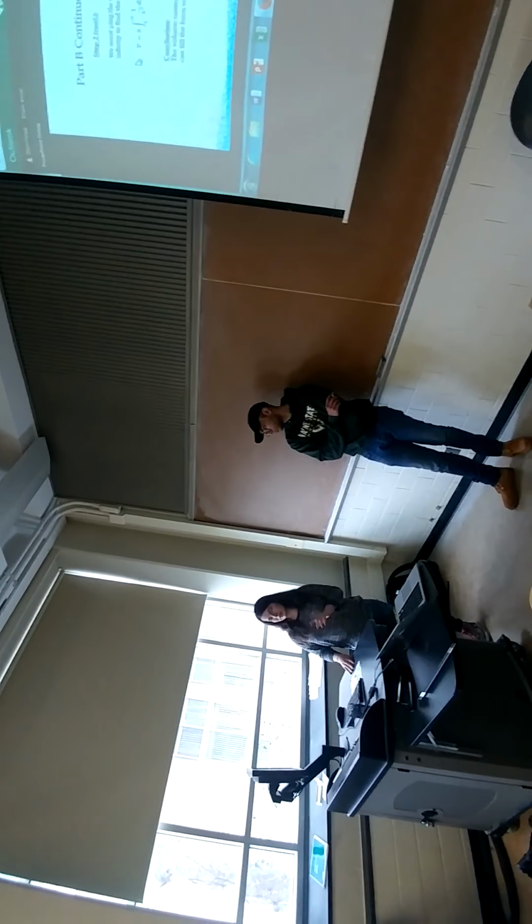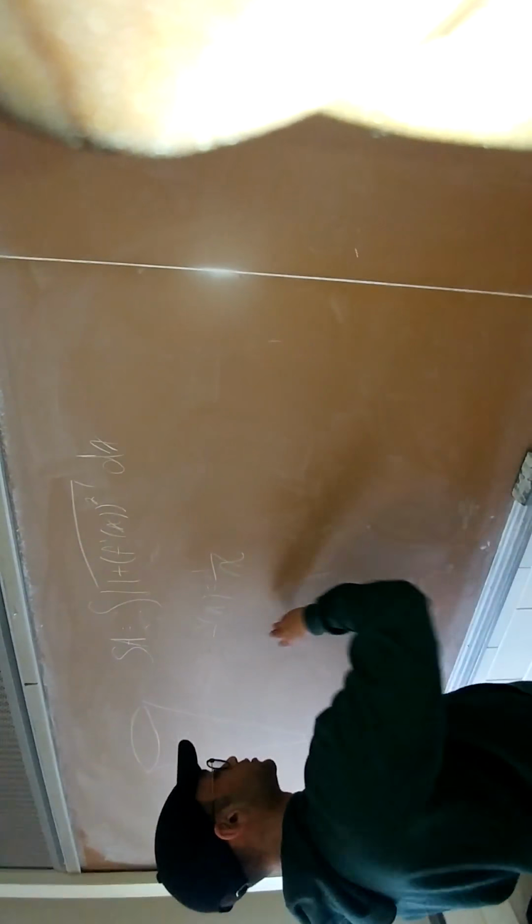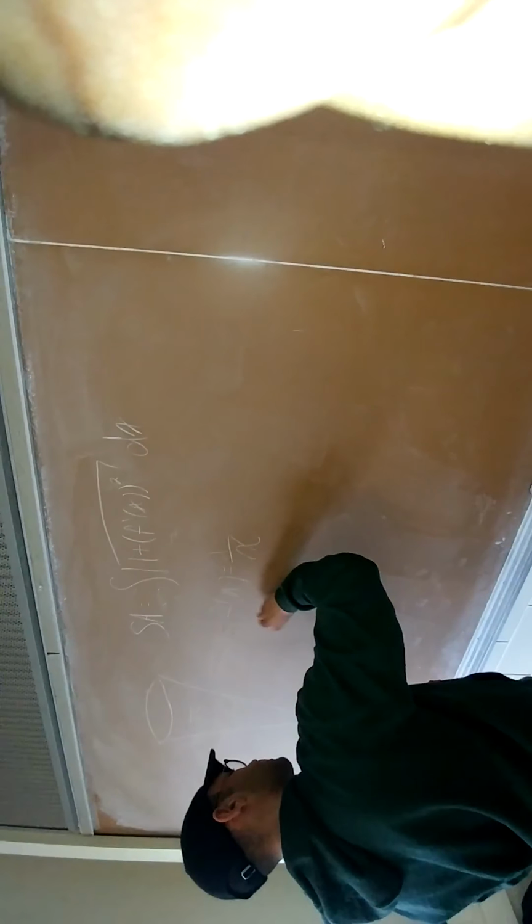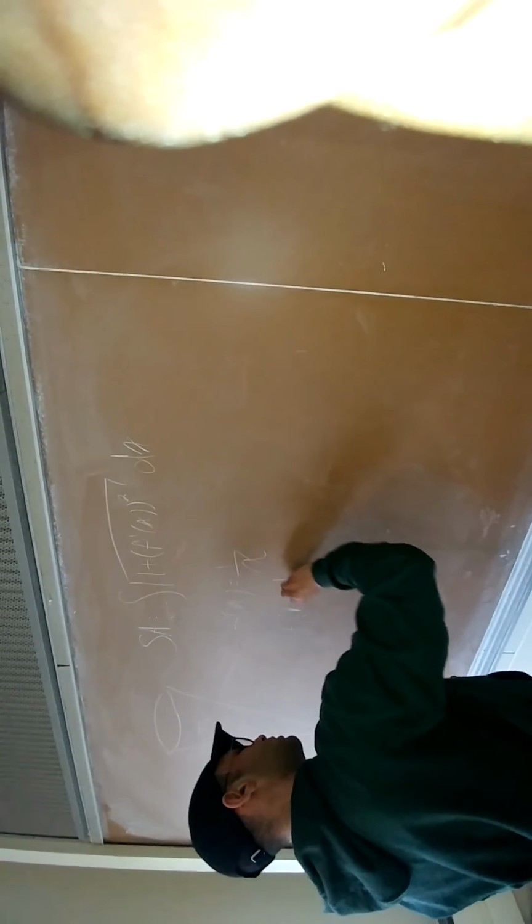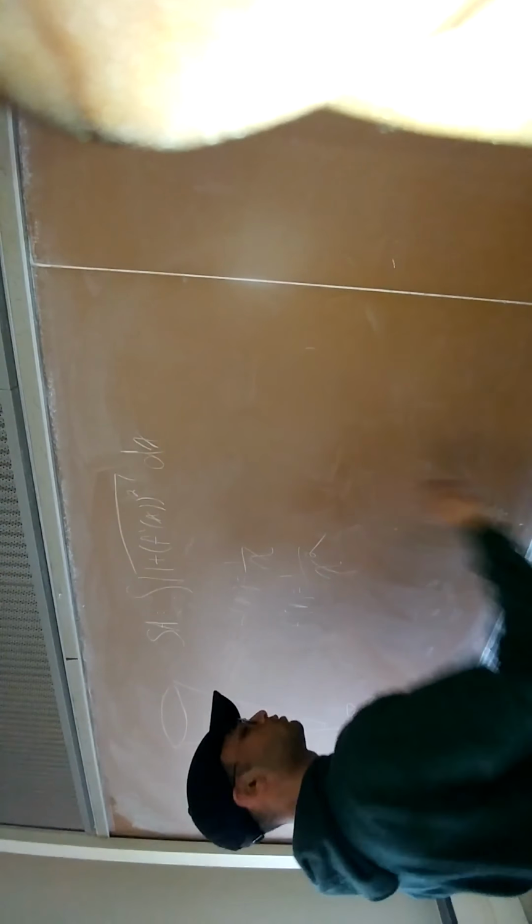So surface area is the integral of the square root of 1 plus f prime of x squared dx. Our radius, which is our f of x, is 1 over x, so f prime of x is negative 1 over x squared. Okay?